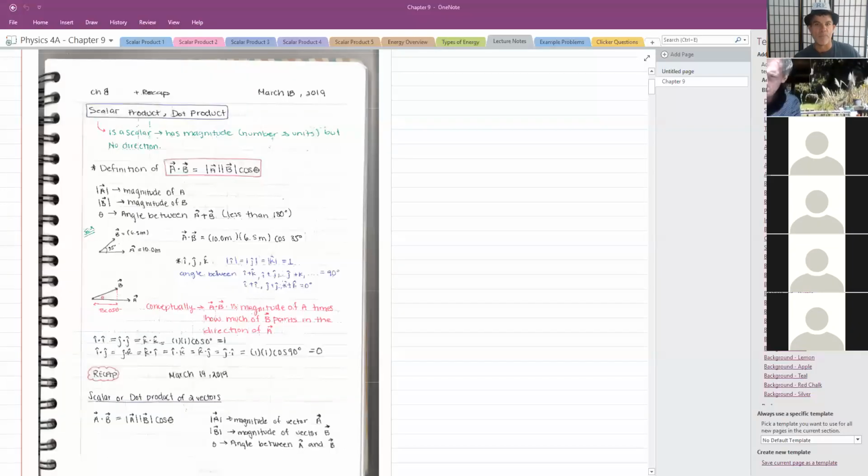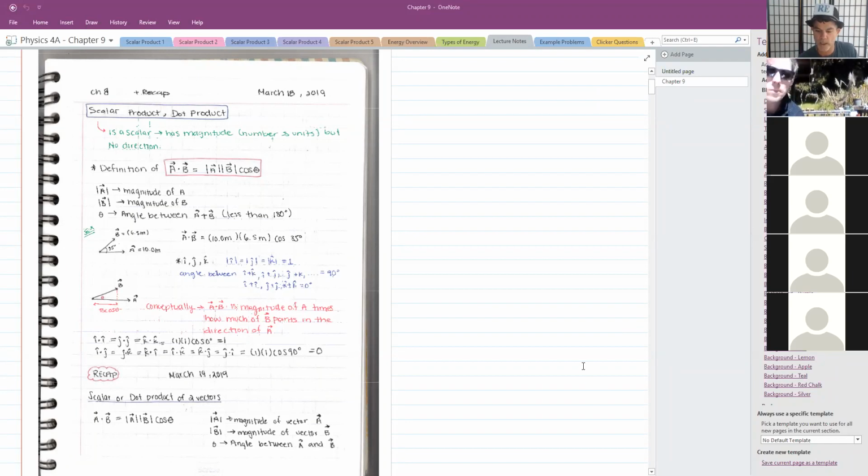So while people are doing this, I'm going to share my screen. Okay, so while people are joining, I want to do a quick little recap of scalar product, and then I want to try and do a couple clicker questions by putting you into separate rooms, see how that works.